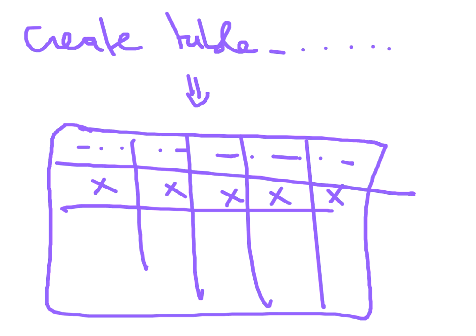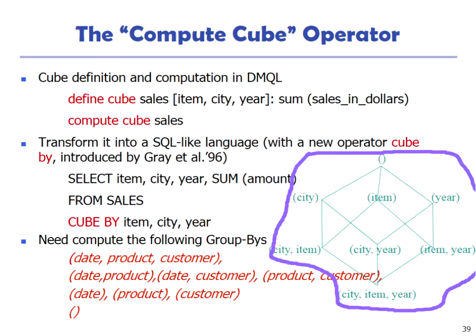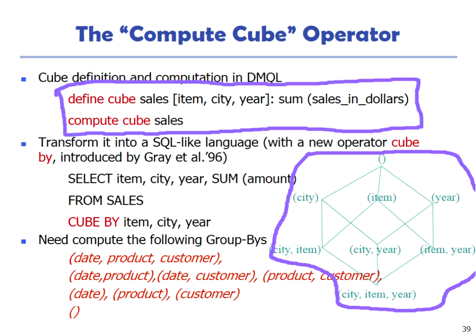It is clear? But in our case, when we write define a cube and compute a cube, we will obtain multidimensional data with the different possibilities.